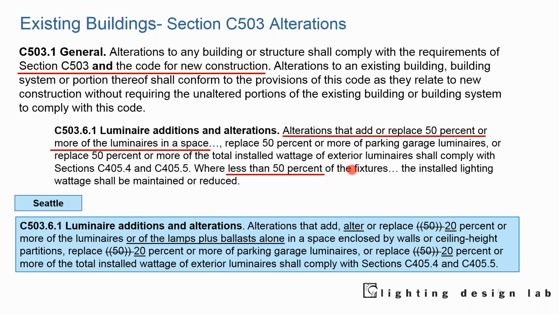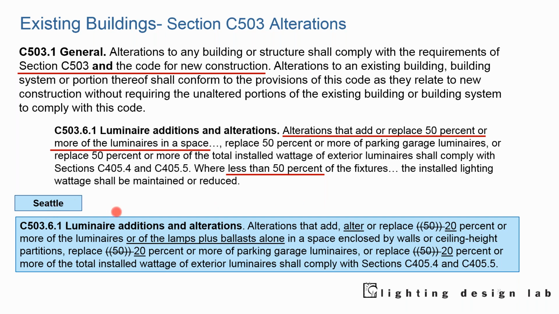Where less than 50% of the fixtures are being installed, the wattage shall be maintained or reduced. So if you're doing less than 50% of the fixtures, you can't somehow end up increasing the load overall. As long as you're maintaining it or reducing it, you're in good shape.